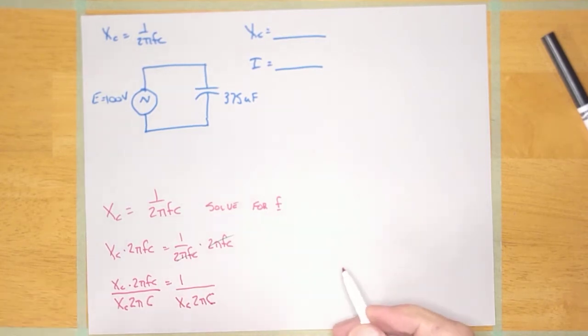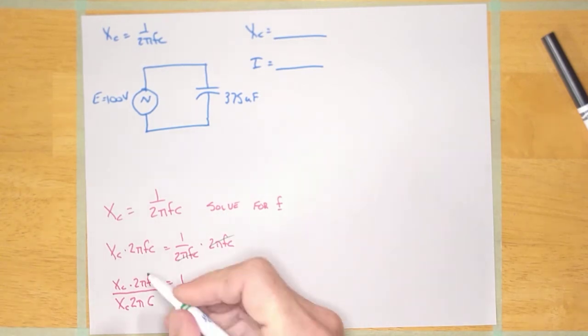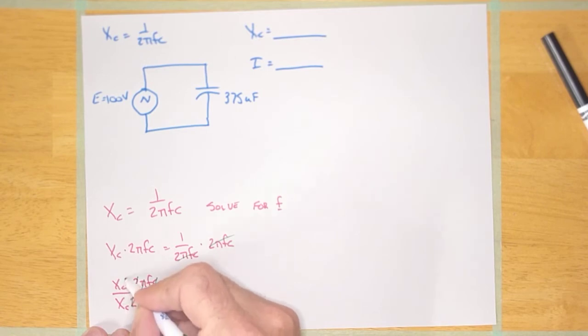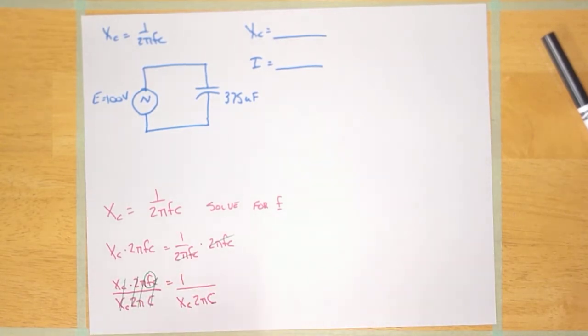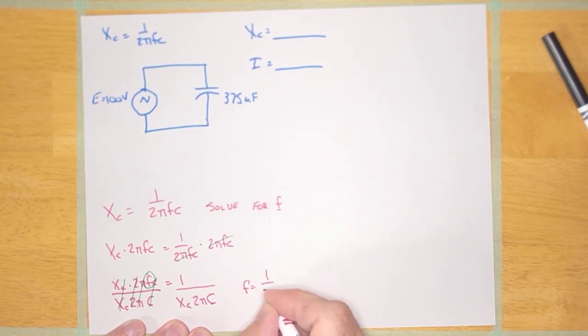Okay? And what that does for me is it eliminates this, this, this, and leaves that. And what I end up with is the formula is solved now. f is equal to 1 over 2 pi C Xc, okay?